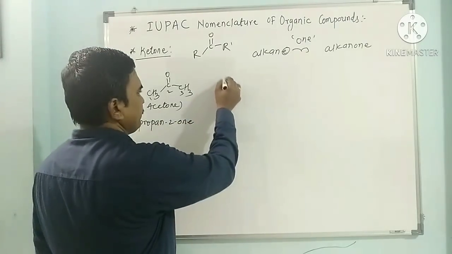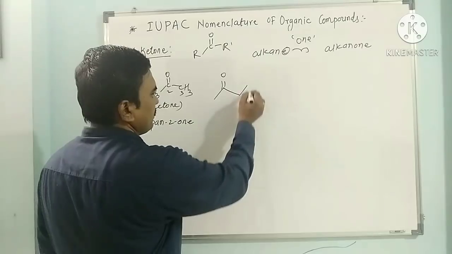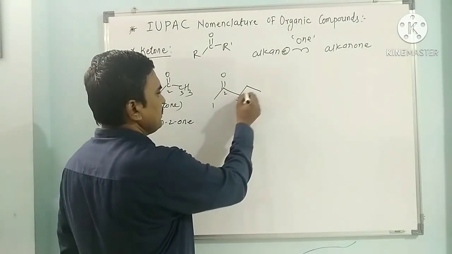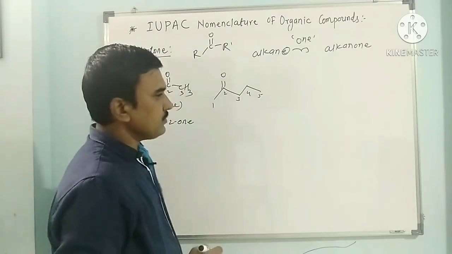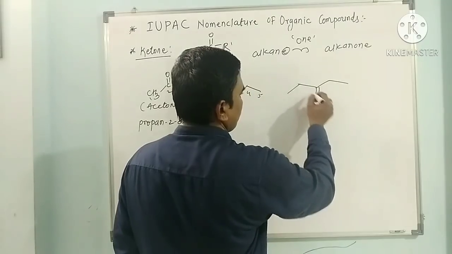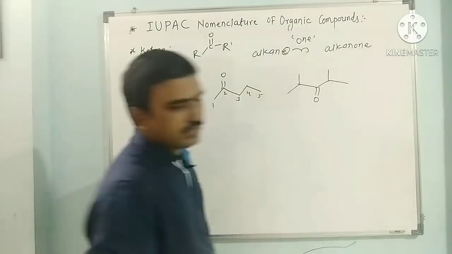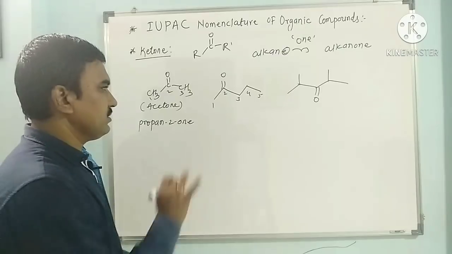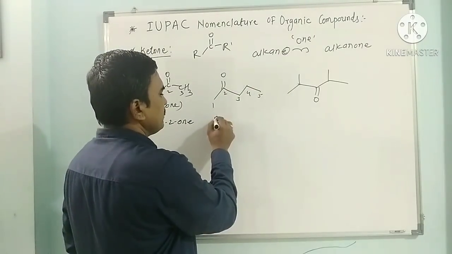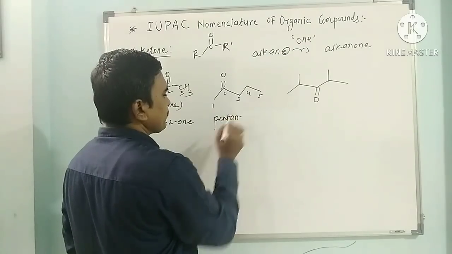If we have this one, how many carbons here? 1, 2, 3, 4, 5. If I have this one, so I have to name this. First of all, we have to see this 1, 2, 3, 4, 5. So this is pentane.